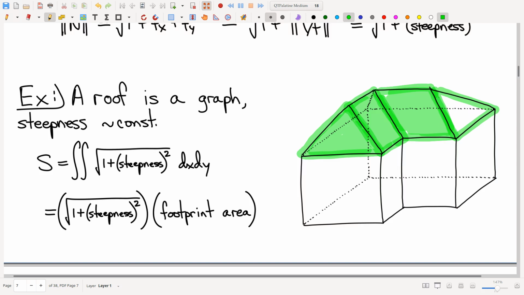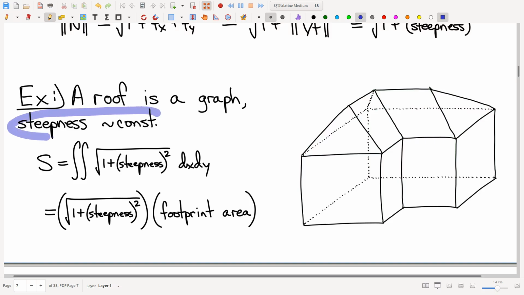So I can parameterize this with the graph parameterization. And another really cool little fact, and by the way, every house is different, and this does not apply universally, but surprisingly often, in most cases, how steep the roof is is approximately constant. And this is the case for my house, for example.